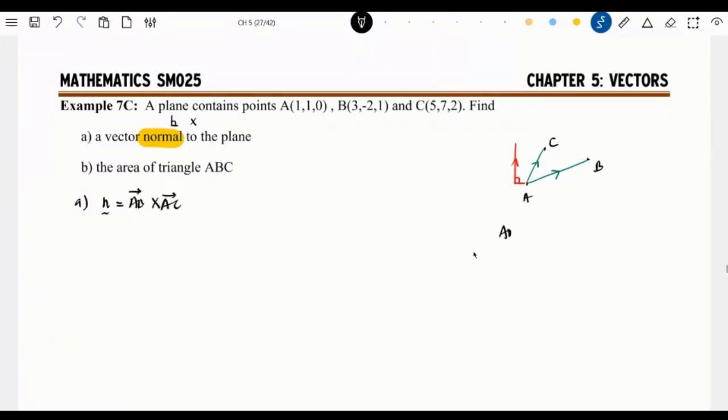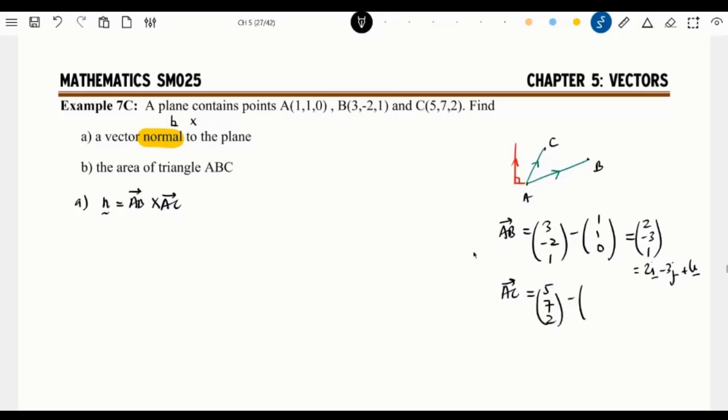Okay. So cari dulu AB. So should be 3 negative 2 1 minus 1 1 0. So kita dapat apa tu? 2 minus 3, 1. 2 negative 3 1, ataupun 2i minus 3j plus k, and then for the AC will be 5 7 2 minus 1 1 0, so we get 4 6 2, which is 4i plus 6j plus 2k.